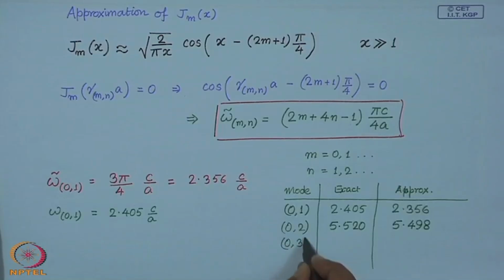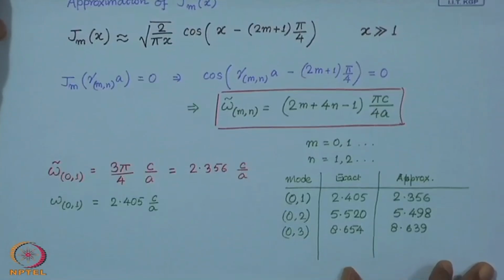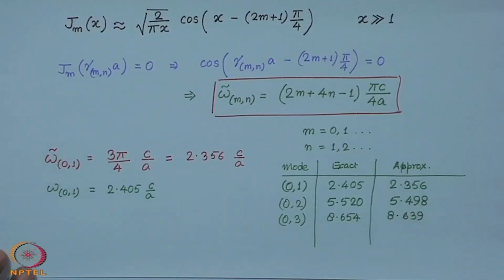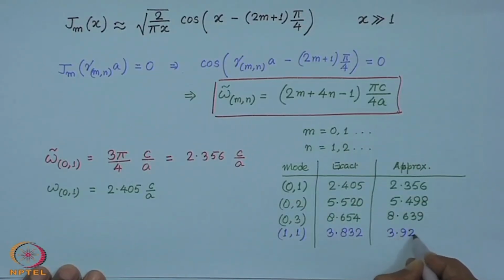For 0 3, the exact is 8.654 and the approximation obtained from here is 8.639. So, you can see progressively you are approaching the exact solution. Similarly, if I have 1 1, the exact solution is 3.832 and the approximation obtained from here is 3.927.